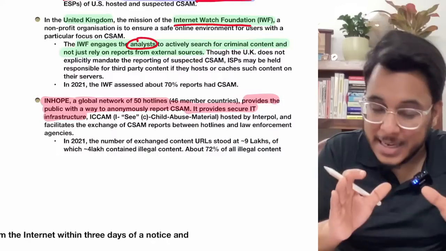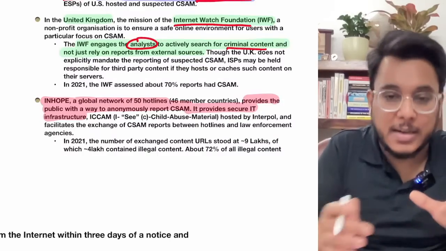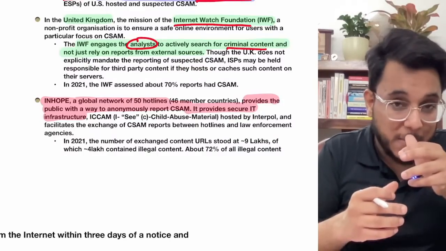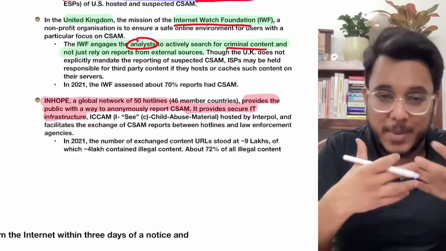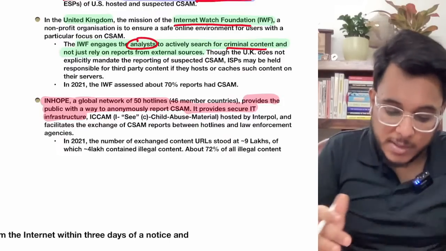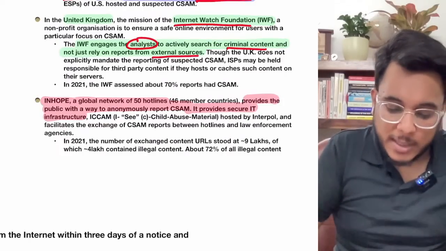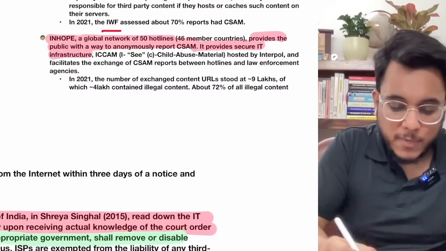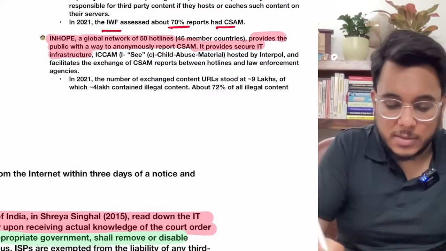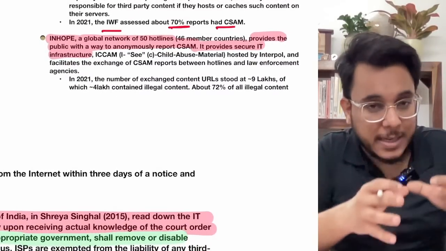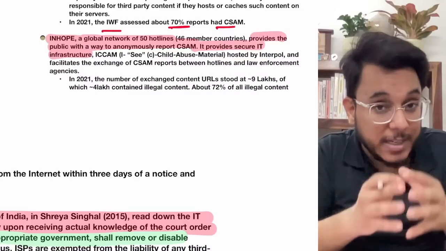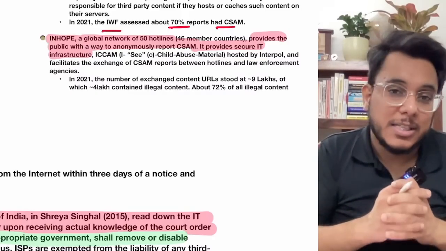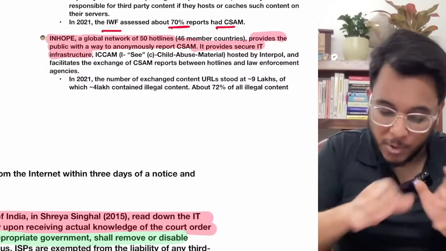If there is any criminal content where children are being sexually assaulted and such videos are posted, they report it to the enforcement agencies. In 2021, the IWF assessed about 70% of reports, and in this data they found that 70% of them had child sexual abuse material.